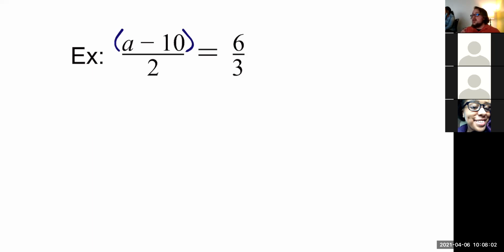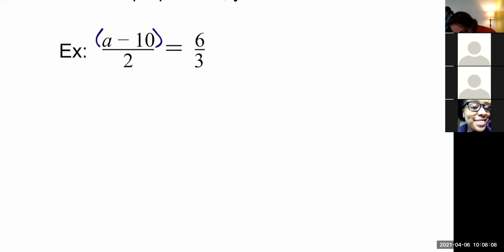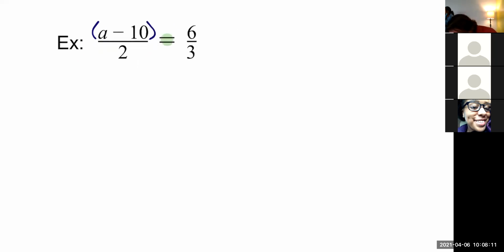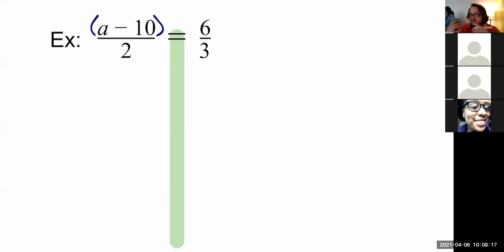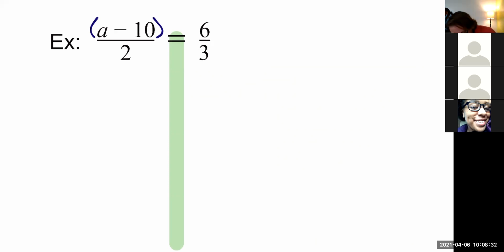Well, because I'm getting ready to do this neat little trick called cross multiplication. Now, I still want my equal sign to try not to move. So I'm going to set my little guideline in place. And then the name kind of suggests what we're going to do. We are going to multiply across this equation. We're going to take one numerator and multiply it with the opposite denominator.